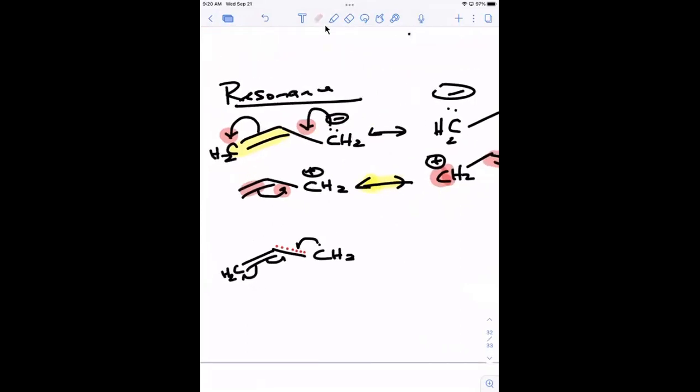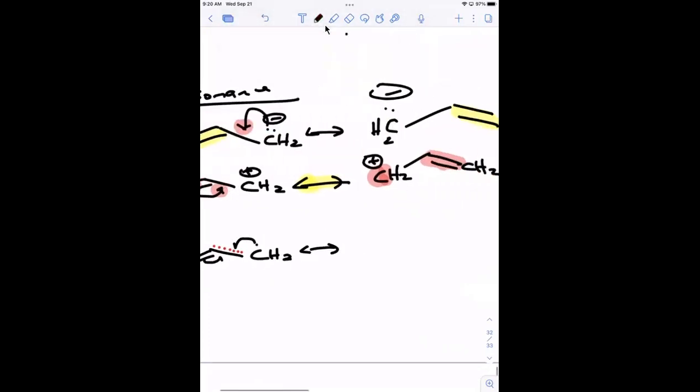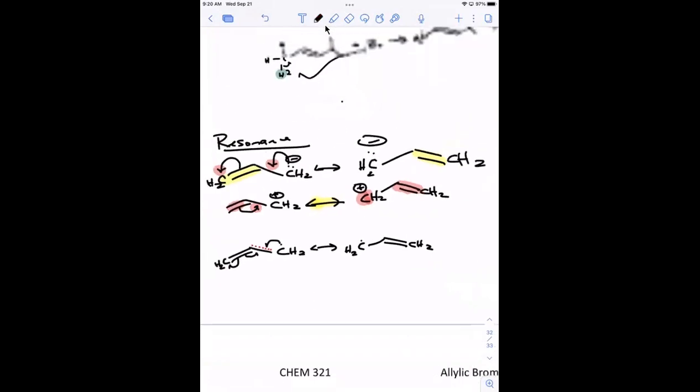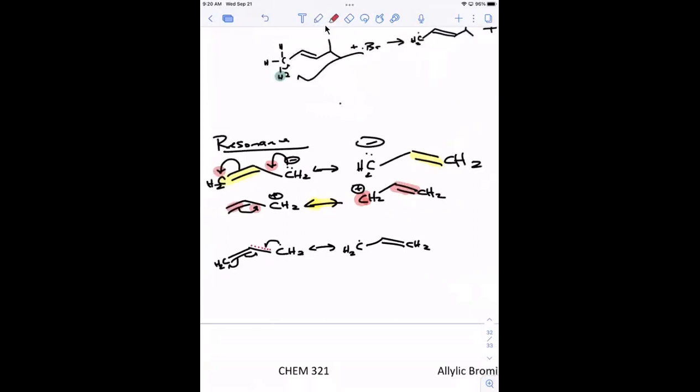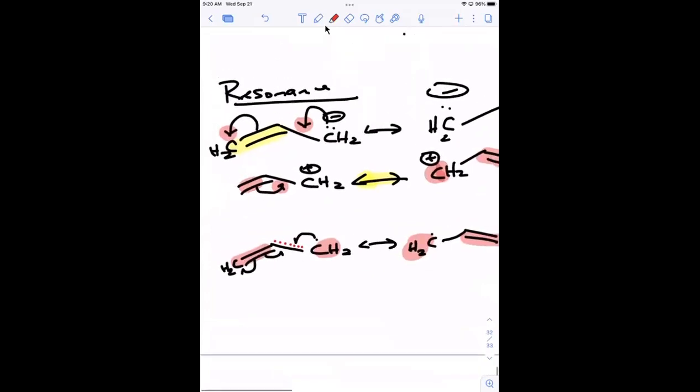So in the resonance form, that's what you're going to see. The pi bond got shifted, and now the single electron, or radical, is here versus here. But all these follow the same pattern.